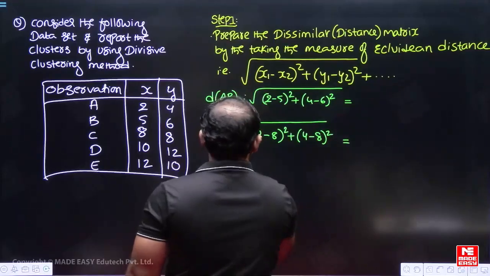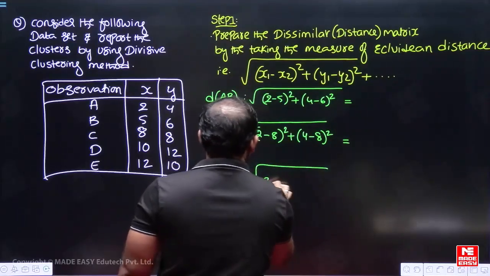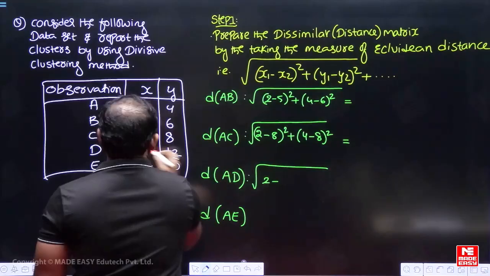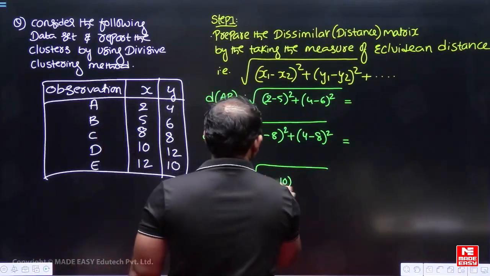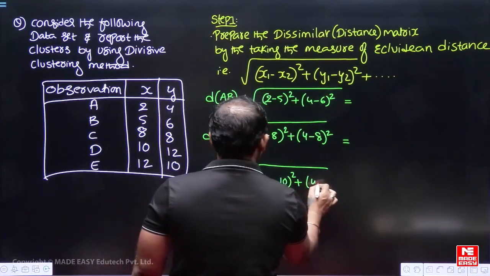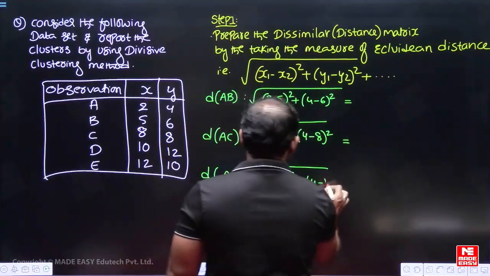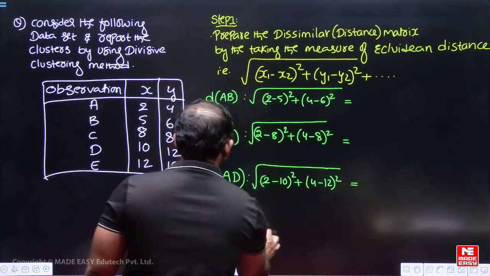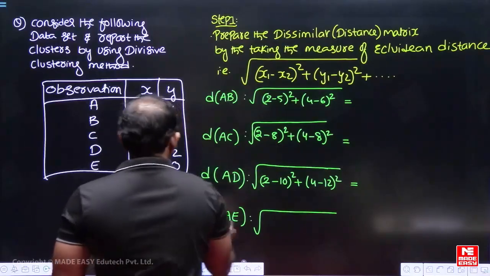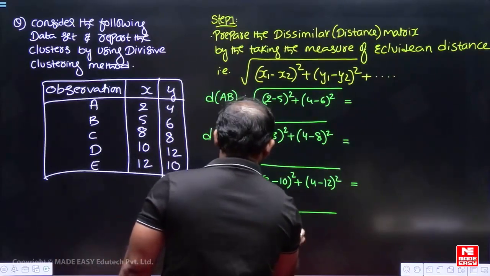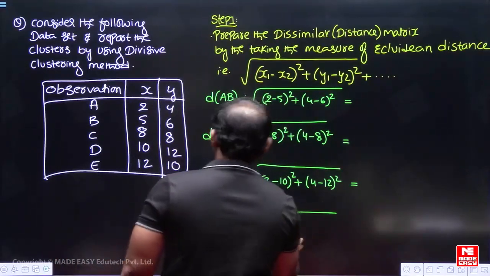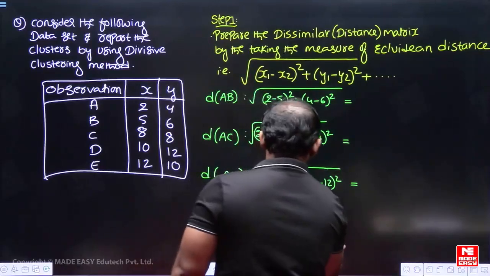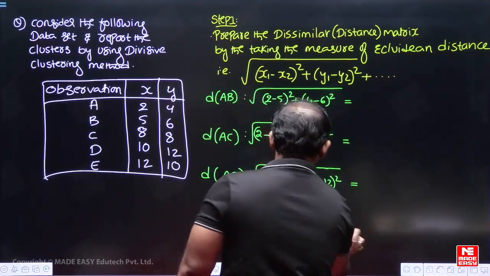Report it. AD: 2 minus 10 whole square plus 4 minus 12 whole square. Report that. AE: square root of 2 minus 12 whole square plus 4 minus 10 whole square.